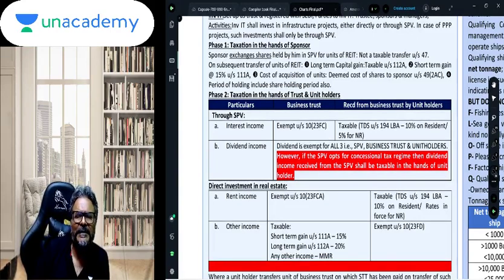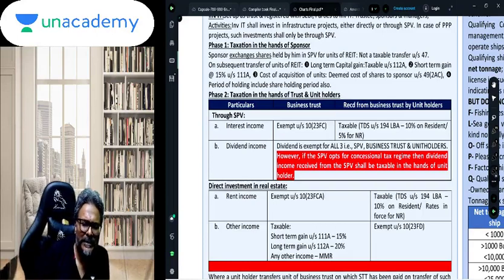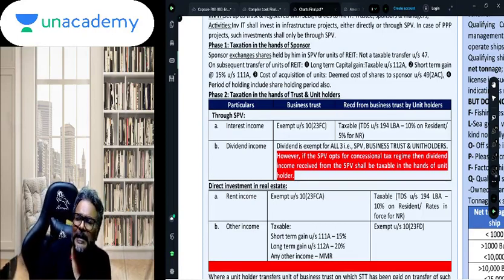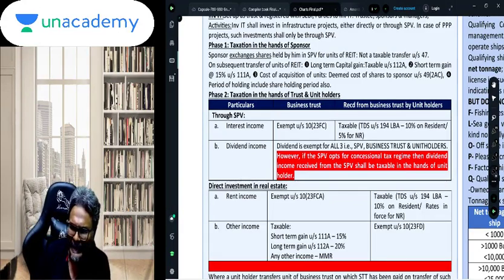Other income, if it is chargeable at a special rate of tax, then the special rate of tax. And in respect of the balance, the other income will be taxable at the MMR rate, and this other income will be assessed in the hands of the REIT. So let me take you through this example.